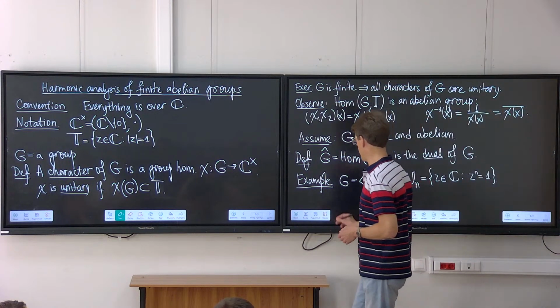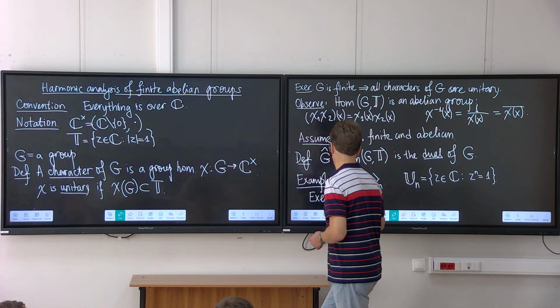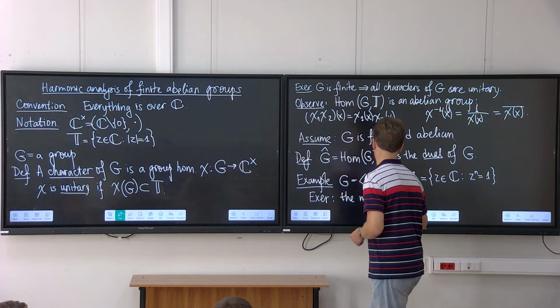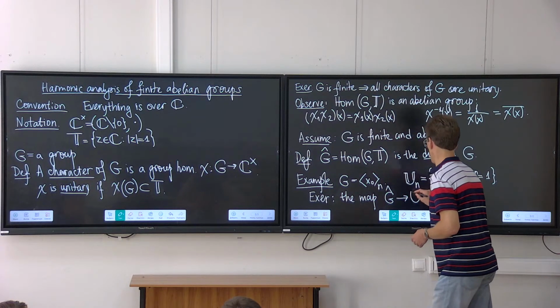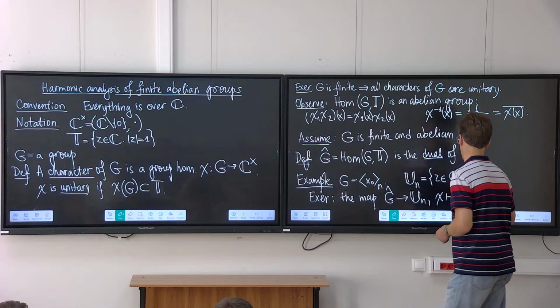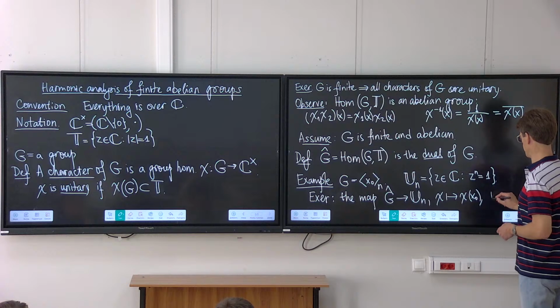It's a very simple exercise to show that the map from G hat to U_n, which takes every character chi to chi evaluated at x0, is a group isomorphism.